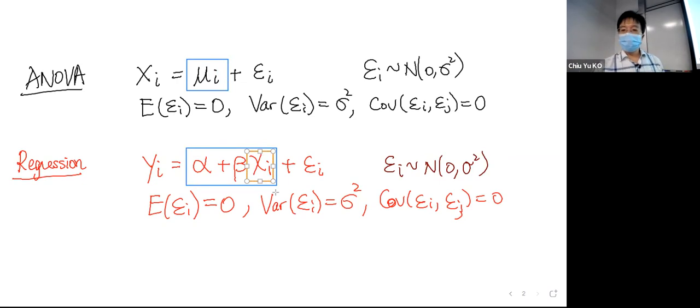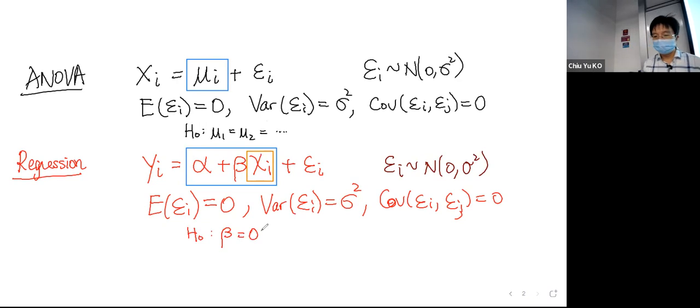And in ANOVA, what we're trying to do is hypothesis testing. So H null is asking whether mu1 equals mu2 equals and so on, the same, right? Regression has the same kind of question. We will ask whether beta is 0, right?